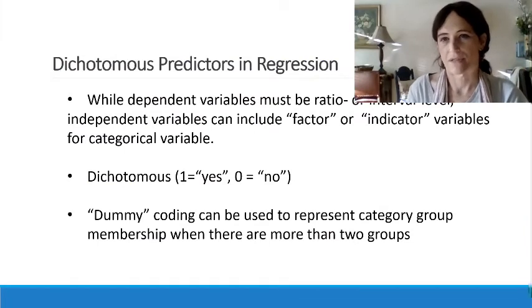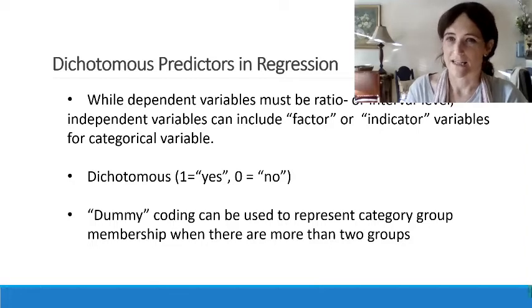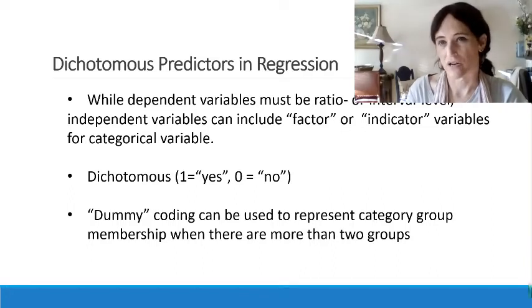So last time when we were discussing linear regression and comparing it to correlation, we really only included examples where we had a ratio or interval level independent variable. We're always still going to have a ratio level dependent variable. We can, however, include dichotomous predictor variables in a regression model, understanding that our interpretation of those is different than if we had interval or ratio level measures.